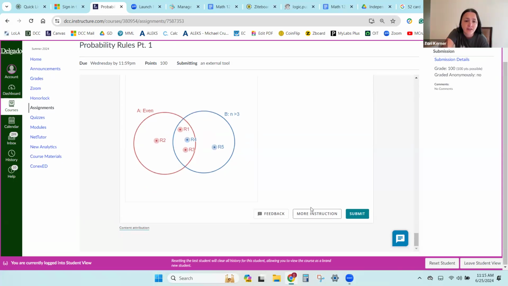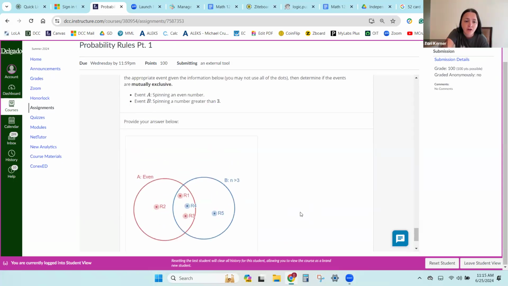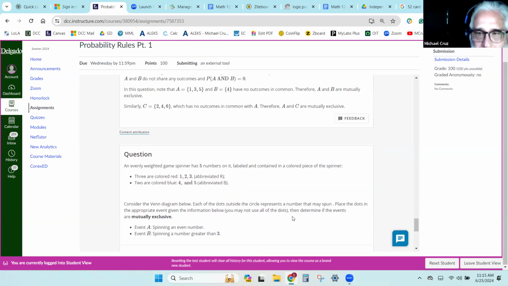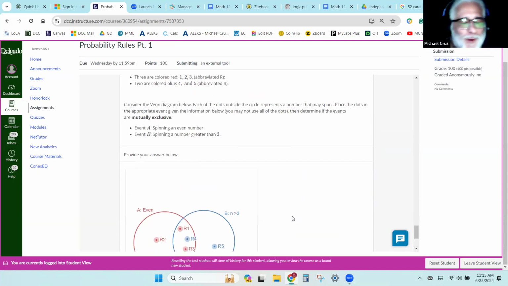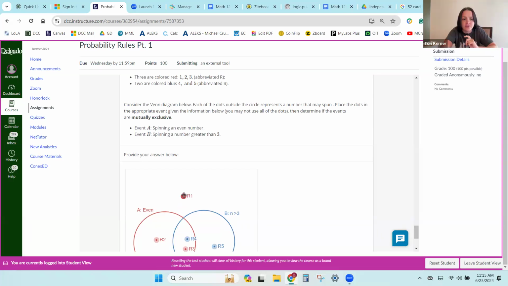Blue is just greater than 3, so R1 and R3 go in E. I don't know. Yeah, this is a crazy thing, and I apologize for it being a pain in the neck. I was so busy this morning working on that third one that I forgot all about this stuff. And these are just kind of weird. So 3 are colored red. So I guess the other ones have got to be outside. I mean, that's the only thing. You may not use all the dots.